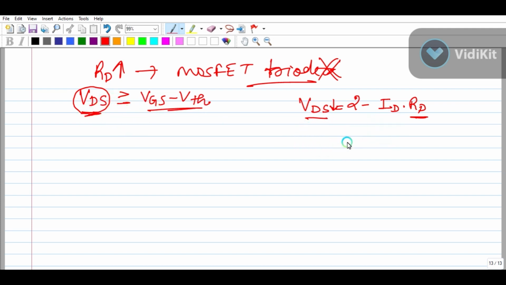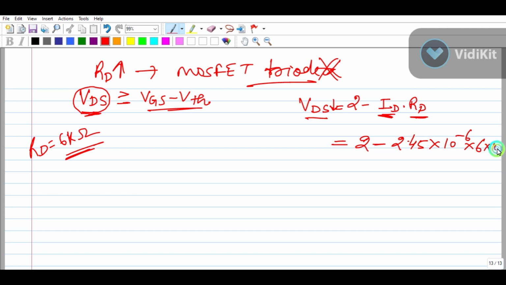It can, this can be greater than this. Okay, so let's see what VDS will be if I keep RD equal to 6 kilo ohm. I'm doubling it; it was previously 3 kilo ohm. I'm keeping 6. So it will be 2 minus, and ID is constant, right? ID was 245 times 10 to the power minus 6, times RD, 6 kilo ohm.